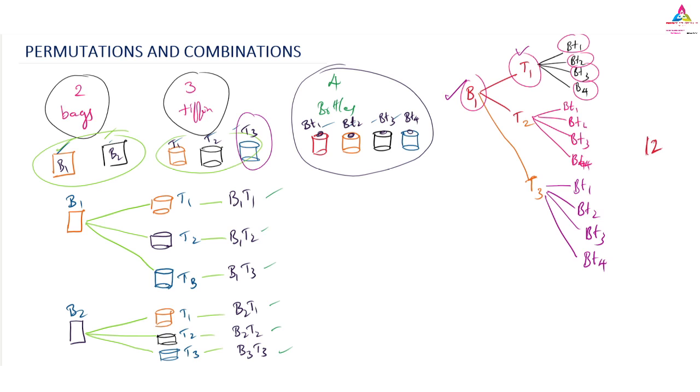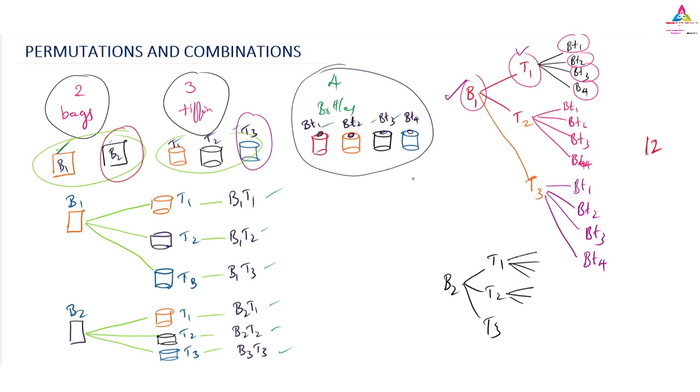Again you see, it is not only one bottle we have, there is a second bottle also, that is black color. So I can take bottle number 2, and the same process will continue. Here will be T1, here T2 and here T3. Again we will have the 4 options for this: BT1, BT2, BT3, BT4.